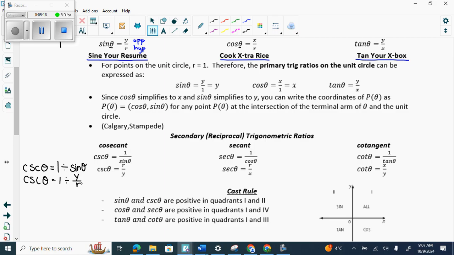We agree? What do you do when you have a fraction with a division? You multiply by the reciprocal. You flip it. So I would get cosecant theta equals 1 times r over y. So cosecant theta is just r over y. So that's why they're called the reciprocal trig identities, because whatever sine is, cosecant is the flip of it.